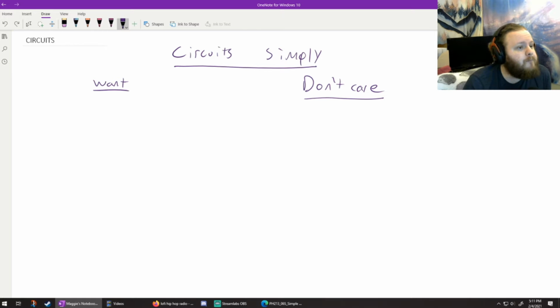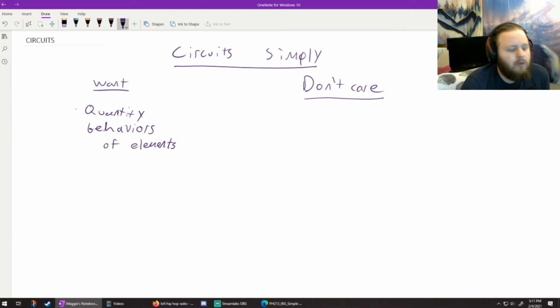So what we want to be able to do is quantify behaviors of elements in circuits. We want to be able to say where the energy in a circuit is going, and make comments about what kinds of currents are in the system.